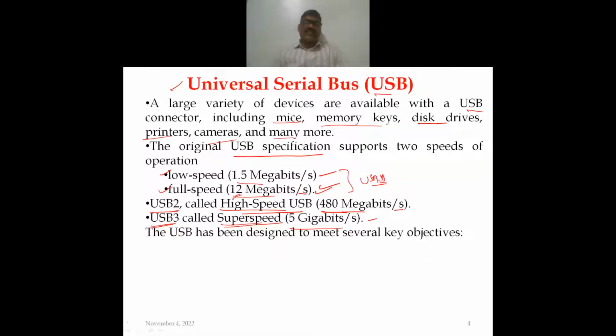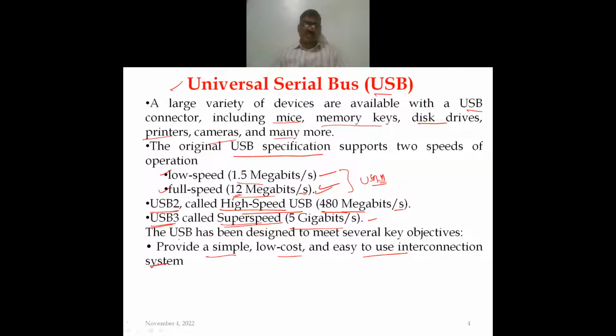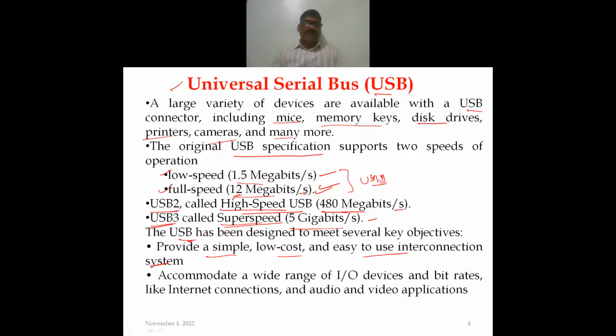USB has been designed to meet several key objectives. The main objective is that it should provide a simple, low cost and easy to use interconnection system, so that you can connect a wide variety of IO devices.